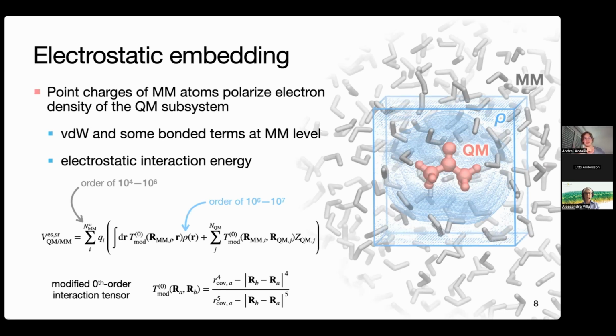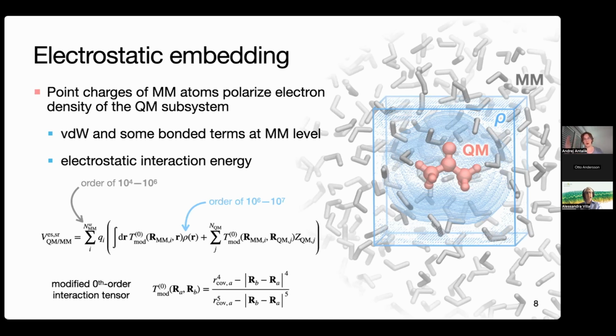And it's the so-called electrostatic embedding. So in electrostatic embedding, the charge density of the QM subsystem is polarized by the point charges of the classical MM atoms, but these classical point charges are static, so there's no polarization going on at the side of the MM subsystem.